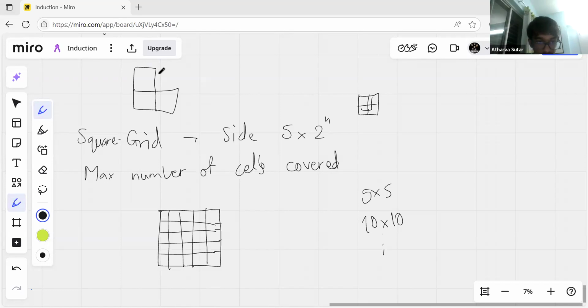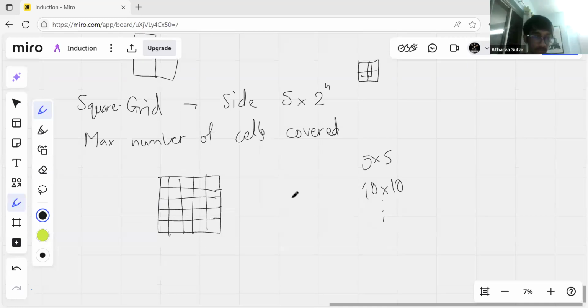Make 2 by 3 blocks. Yeah, that's a good idea. How would you do that? I mean, how would you cover the 5 by 5 grid with 2 by 3 blocks? What is the max you're getting?